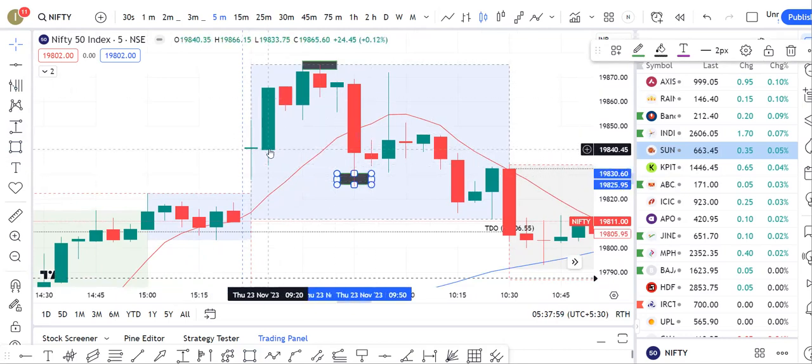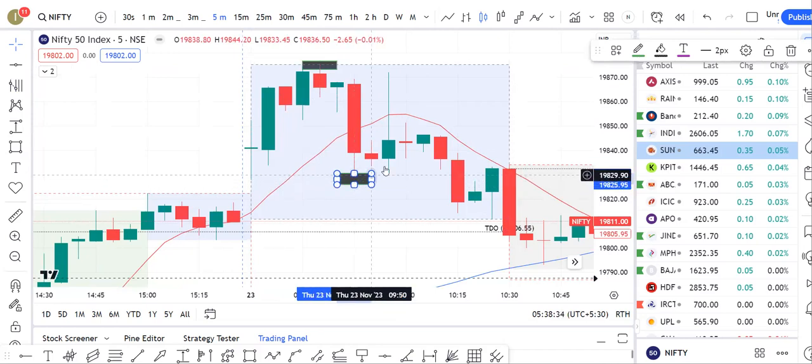This is the first low made over there, 19,827.9, and this low is 19,825.2. This matters. It is lower than the first low, so our dealing range has been confirmed. This is the highest high and lowest low in this time frame.